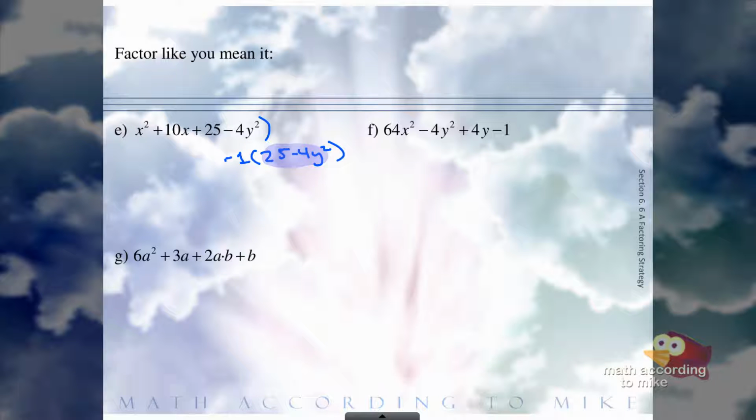So let me erase that real quick. And typically, if factoring by grouping does not work the first time, what you might have to do is rearrange the terms, like rearrange the 25 and the negative 4y squared, and try it again. Well, if you did that, it still would not work. So 2 by 2 factoring by grouping does not work. So instead, we're going to do 3 by 1.